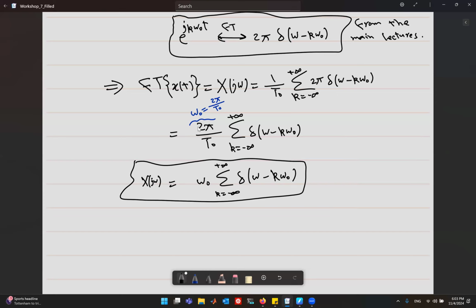And if we plot this one, omega and X(j omega), it will look like also a train of impulses, and they are scaled by omega naught.